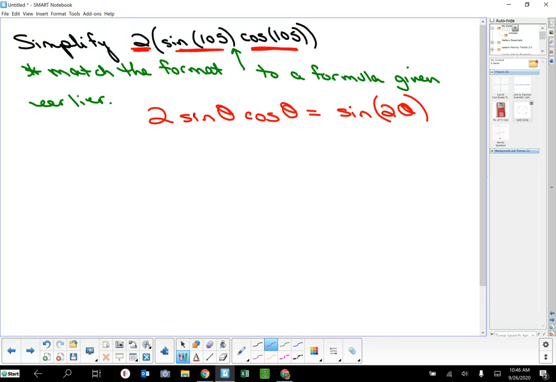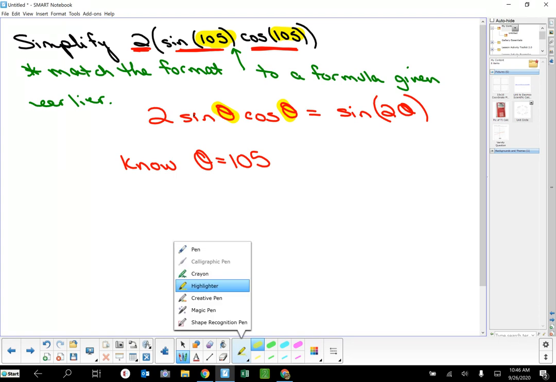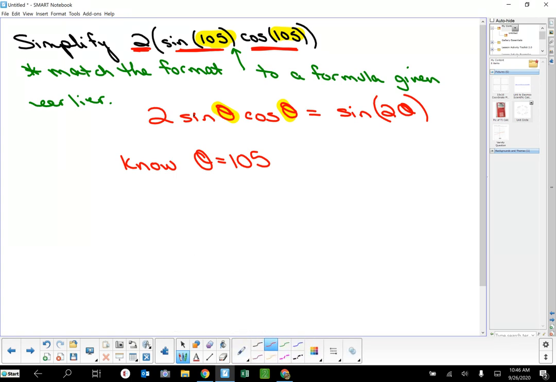So what we're going to do is plug in. We know theta equals 105 from the problem, right? Let me highlight here. This is kind of going backwards and pulling stuff out. We know our theta is 105 for that to be true. And so what we can do now is go a little bit backwards.